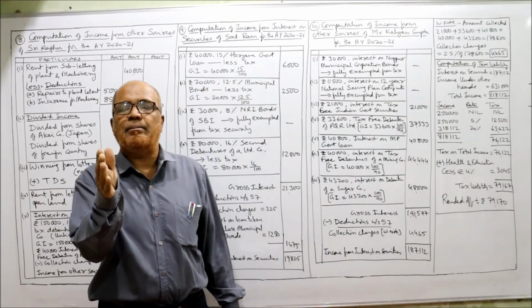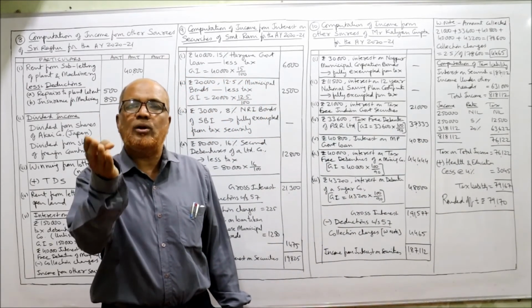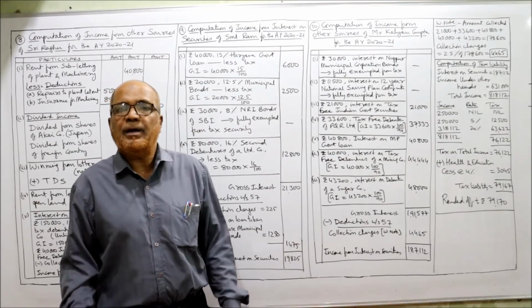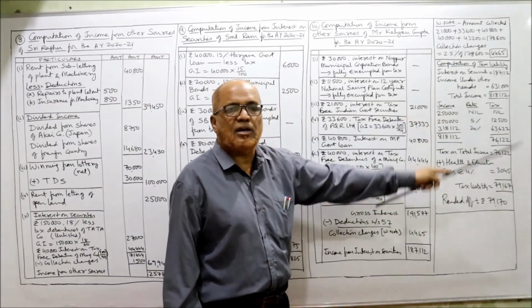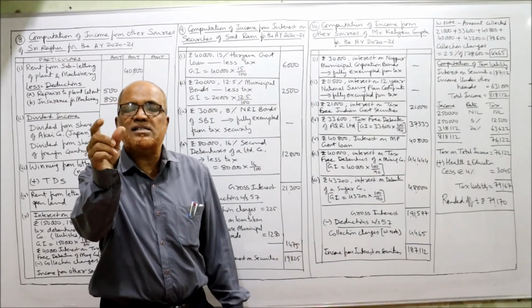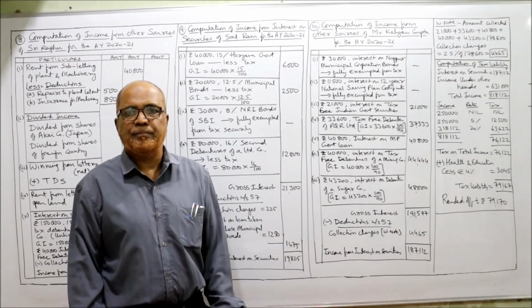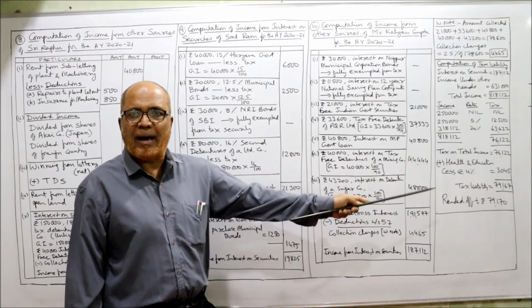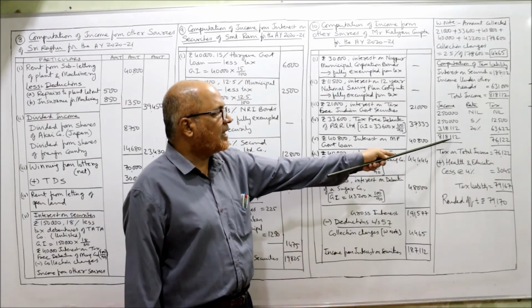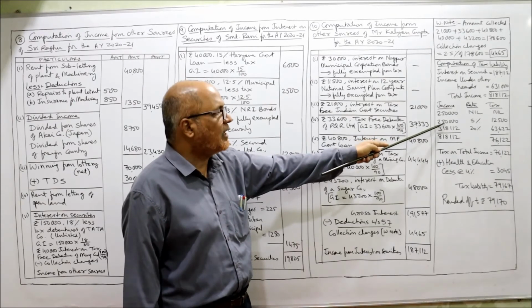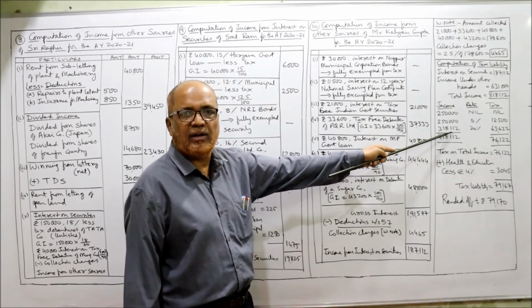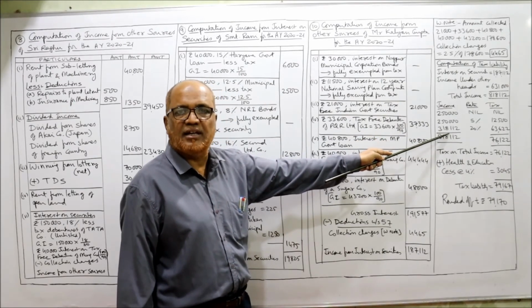The third slab is from 5 lakh 1 to 10 lakh. But our income is not going up to 10 lakh. Our income is 8,18,112. The third slab will take the balancing figure. So 8,18,112 minus 2,50,000 minus 2,50,000, you will get 3,18,112. This is the balancing figure, third slab.